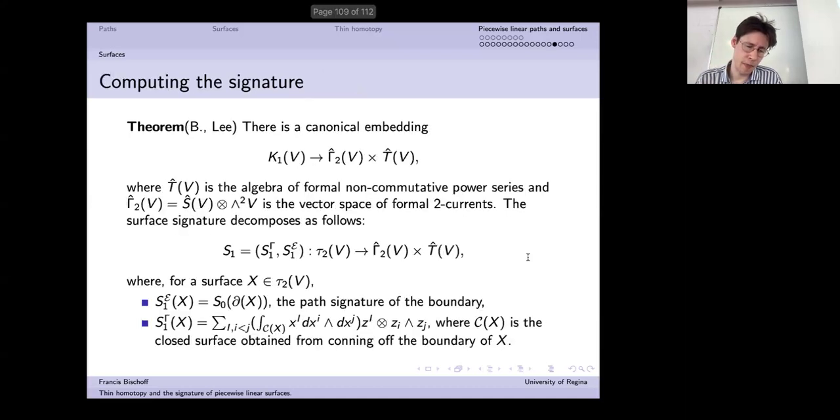Okay, and then essentially one more theorem, well, there will be two more things.